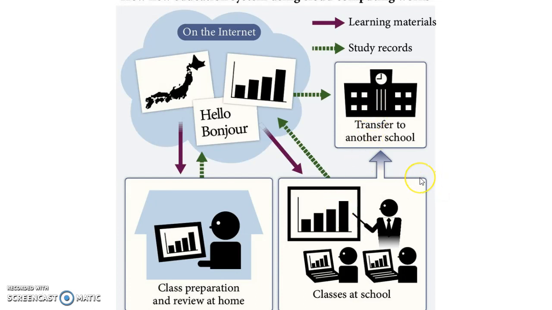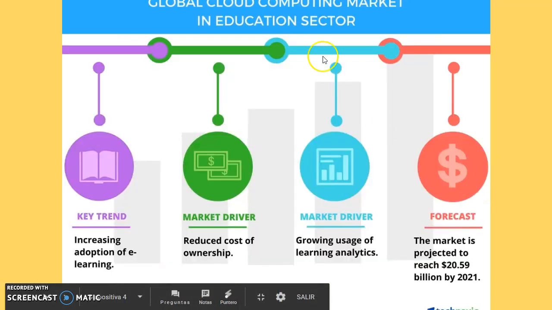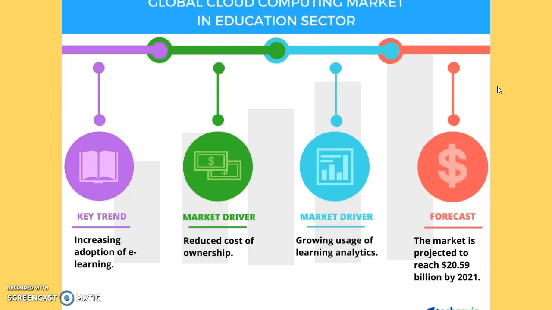And it doesn't matter if the student is actually not there, because he has access to internet. He is going to be able to perform any kind of task that we are asking.